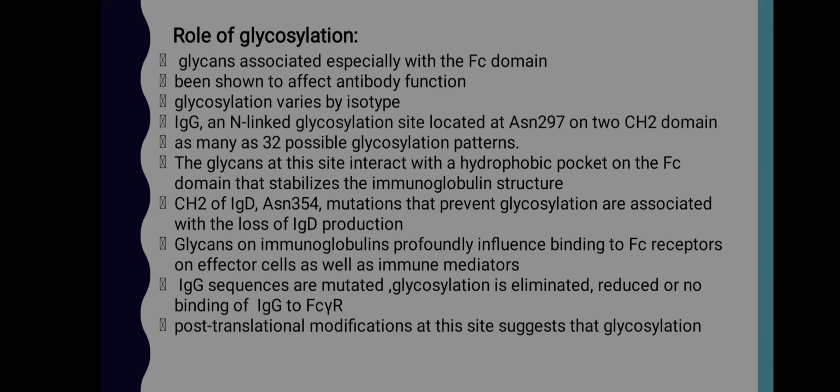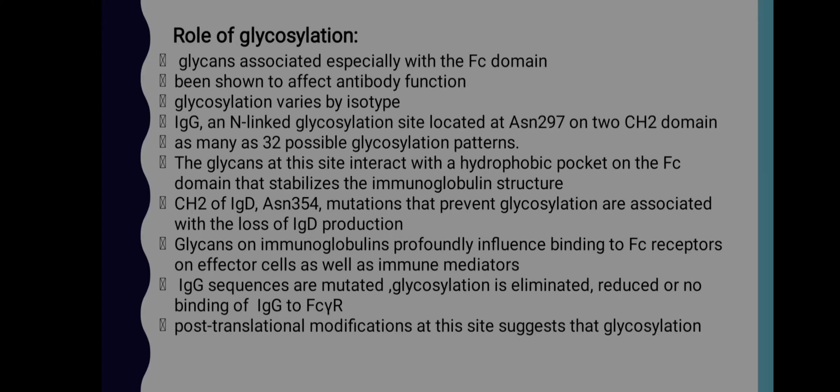For example, in IgM, the N-linked glycosylation site is located at ASN 293, the amino acid which is glycosylated, on the CH2 domain, and there are as many as 32 possible glycosylation patterns, which interact with the hydrophobic pocket and stabilize the immunoglobulin structure.